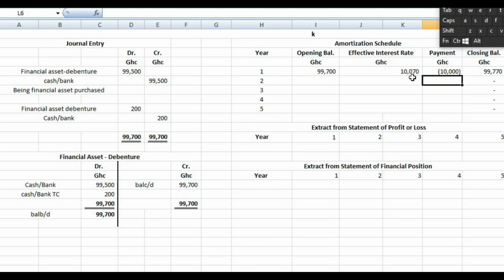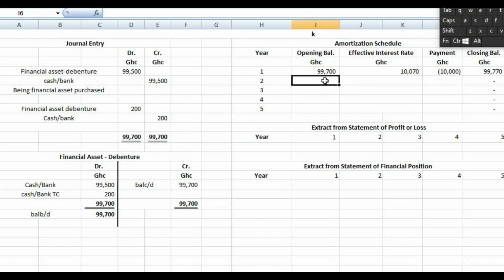That's the rate at which the financial asset is growing. Then we make a coupon payment of 10,000. Then the summation of all these will give us 99,770, which becomes our closing balance at the end of year 1.